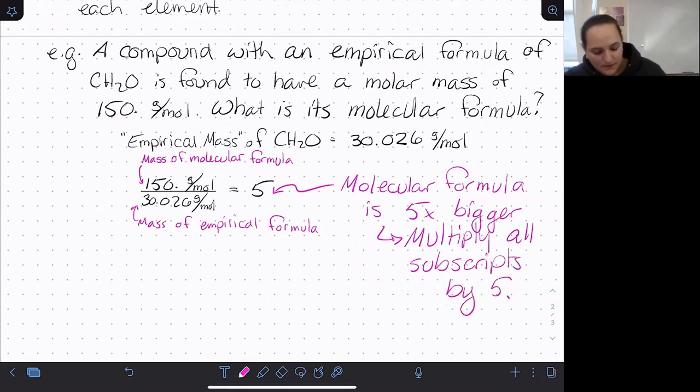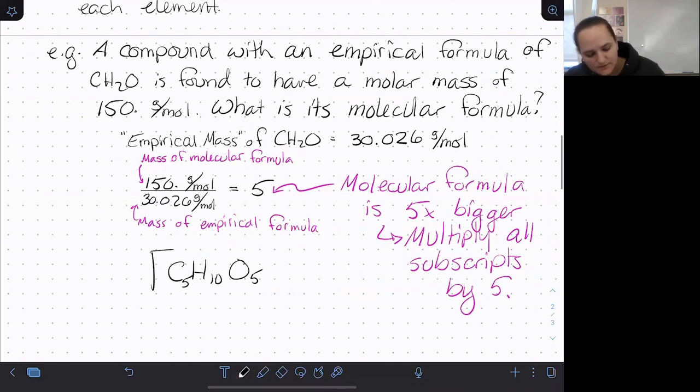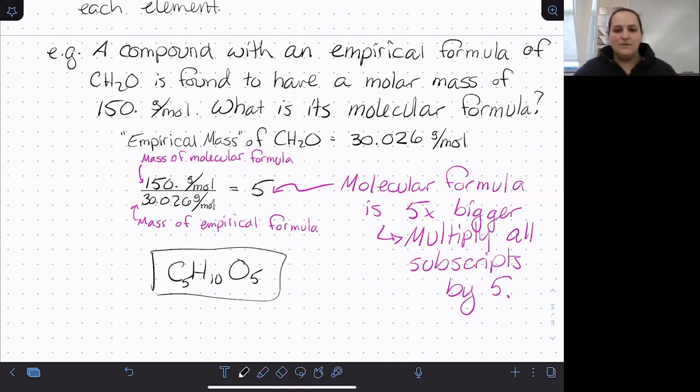So if my empirical formula was CH2O, my molecular formula, 1 times 5 is 5, 2 times 5 is 10, 1 times 5 is 5, is going to be C5H10O5 is my molecular formula.